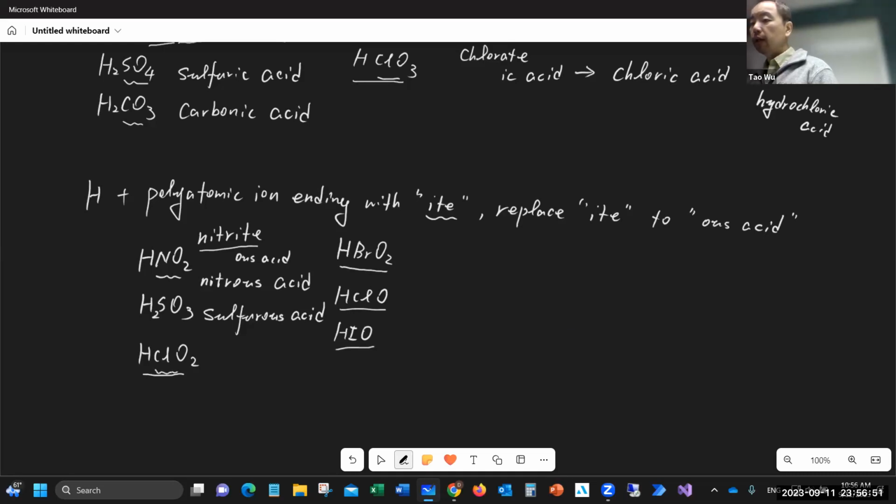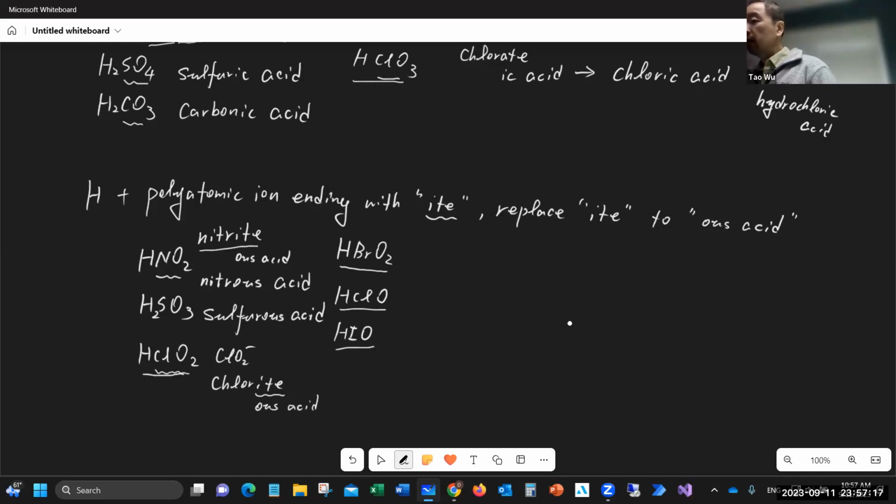So if you're looking at this ClO2 minus, this is called chlorite. And then with hydrogen, you change this ITE to OUS acid. So this is called chlorous acid.